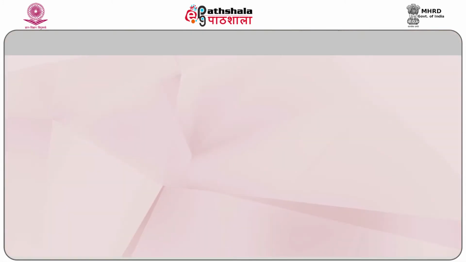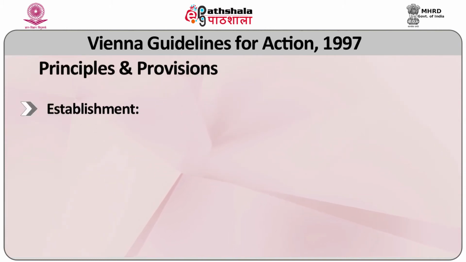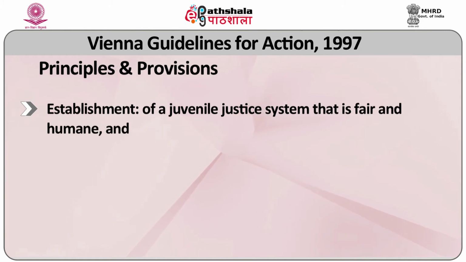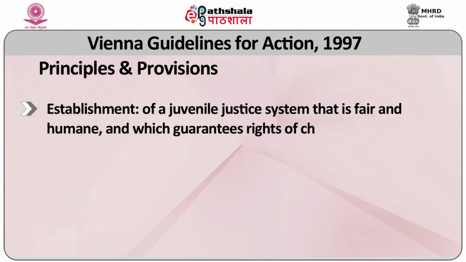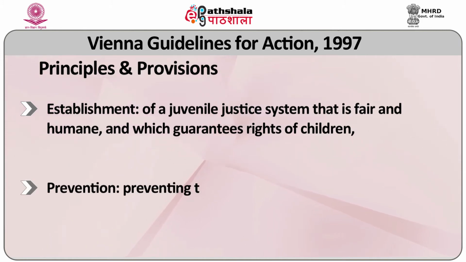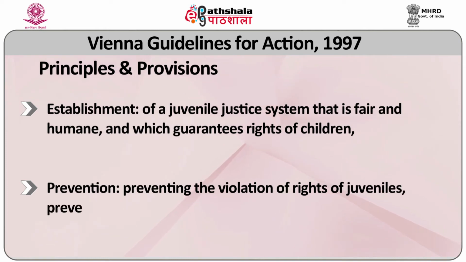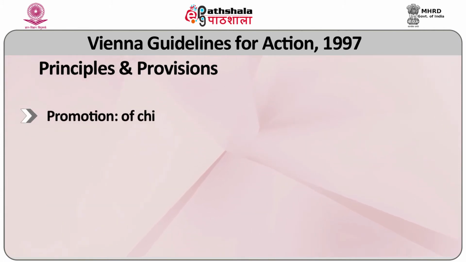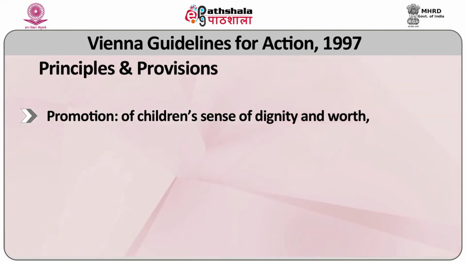Specifically, these principles and provisions aim at establishment of a juvenile justice system that is fair and humane and which guarantees rights of children. Secondly, preventing the violation of rights of juveniles. Thirdly, preventing juvenile delinquency. Fourthly, promotion of children's sense of dignity and worth.